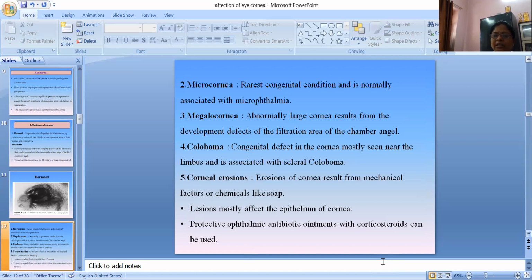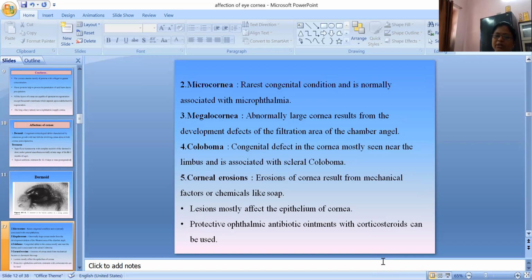Megalocornea is an abnormally large cornea, resulting from a developmental defect of the filtration area of the chamber angles. Coloboma is a congenital defect in the cornea, mostly seen near the limbus and associated with the sclera. Coloboma is also related to notching of the cornea.